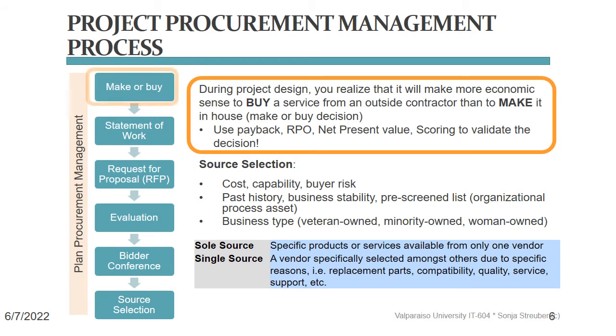Once that make or buy decision has been made, the next step is to write up a statement of work, which identifies the scope of the work that you're looking to buy externally, and the request for proposal, or RFP, which specifies the content and the structure of the offers that you want to receive from potential suppliers.